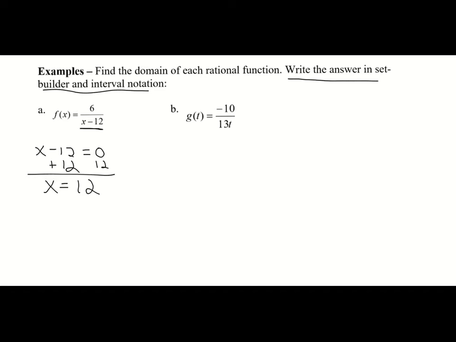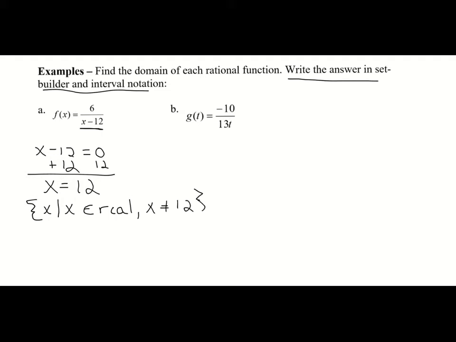So when I write this in interval, let's do set builder notation first. Set builder, remember, you start off with the braces, and you have the set of all x such that x is the element of real numbers, because we can use any number except x cannot equal 12.